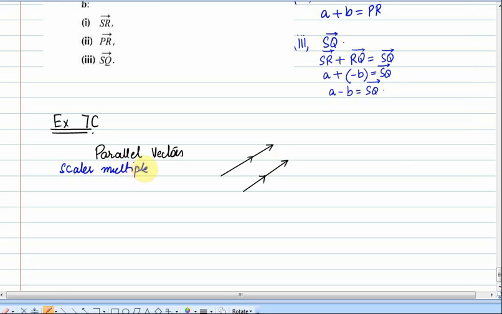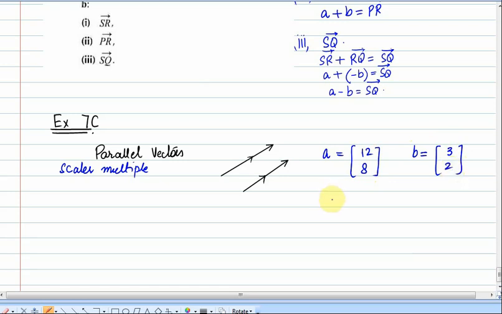Now let's say I give you a vector A and its value is 12 and 8, right? Similarly, I give you a vector B and its value is 3 and 2. Can you build any relationship between A and B?